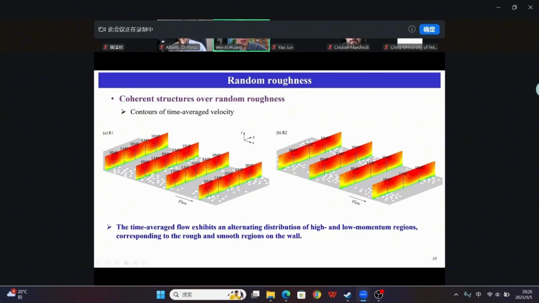Then this is the mean flow. We can also see the high momentum and low momentum regions. It is also contrary to our intuition that over the roughness region it is a high momentum region, and over the smooth wall it is the low momentum region.